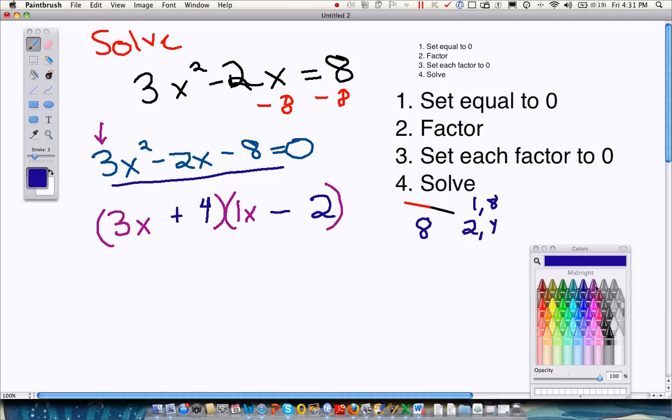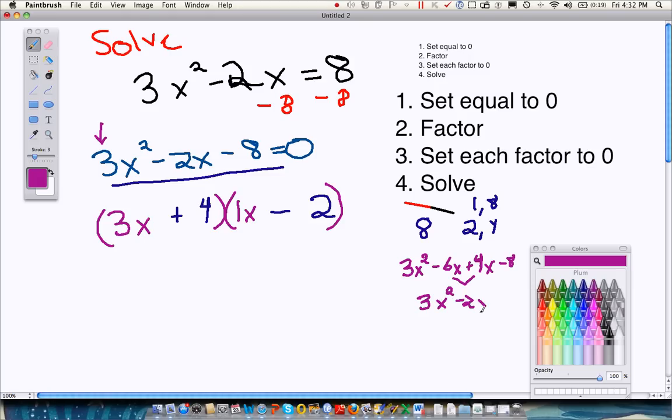Now, if you want to check your factoring, you can always FOIL it and check. First, outer, minus 6x, inner, 4 times 1x is positive 4x, and last, minus 8. And these would indeed combine to a negative 2x.